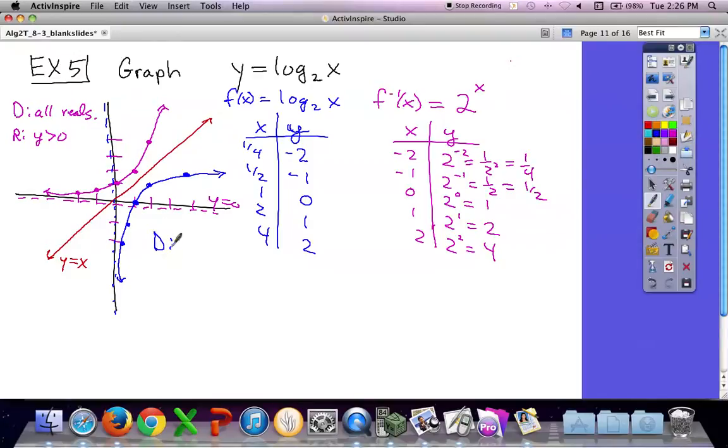The domain is x greater than 0, and the range is all reals. So when you make an inverse, the domain of the function is the range of the inverse. The range of the function is the domain of the inverse. They switch just like the x's and the y's.